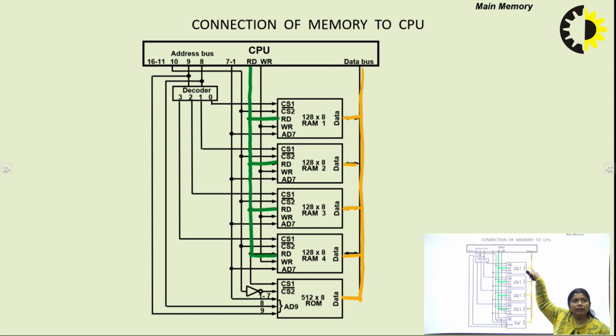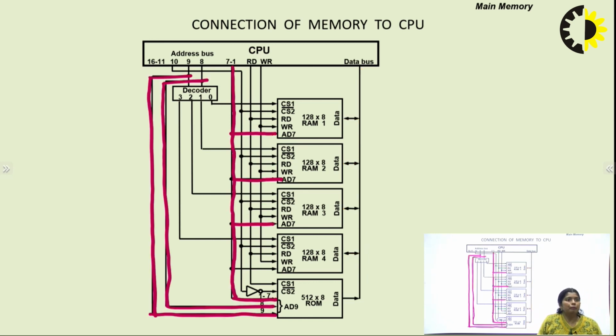And here the data bus is directly connected to all the RAM data buses and the ROM data bus. Now, all the RAMs require a 7 bit address bus. In the CPU, there are 1 to 16 bit address buses. The first 7 bits go to all the RAMs.